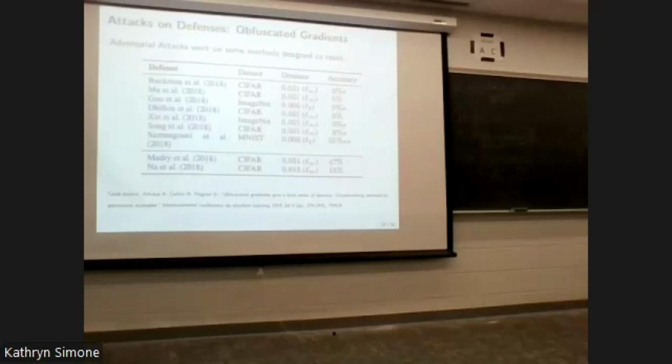They have a double asterisk here. And the reason they do is because they say, just because of randomness, the attacks didn't work on this network. But in theory, you can reduce the accuracy to 0. It is interesting.